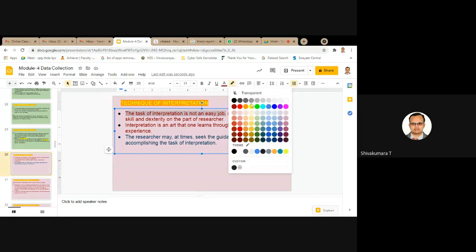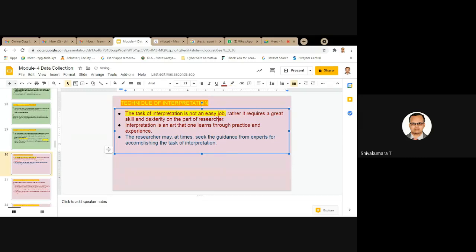It becomes easy only when you already have deep, wider knowledge of the research work and some experience of research. A fresh researcher cannot do it immediately, because if there is bias in the interpretation, it will end up with some other result.